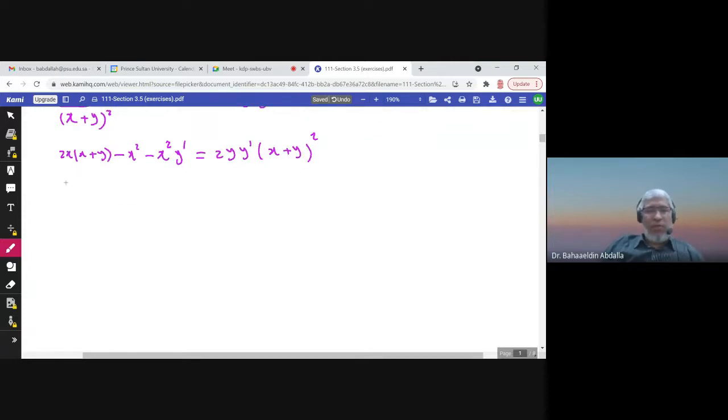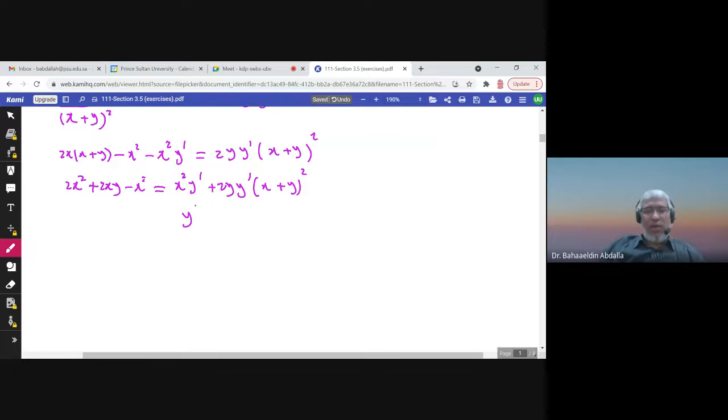Now keep this. Let me expand this also. 2x squared plus 2xy minus x squared would be equal to x squared y prime. I'll take this term to the other side, plus 2y y prime times x plus y to the power 2.